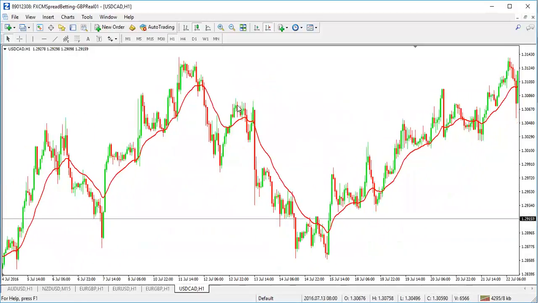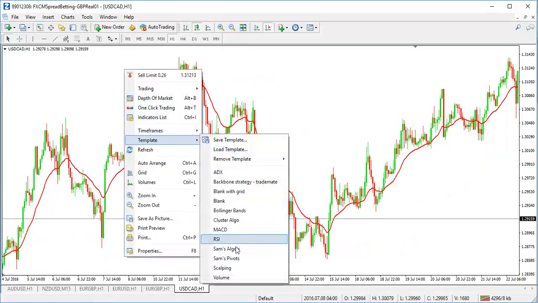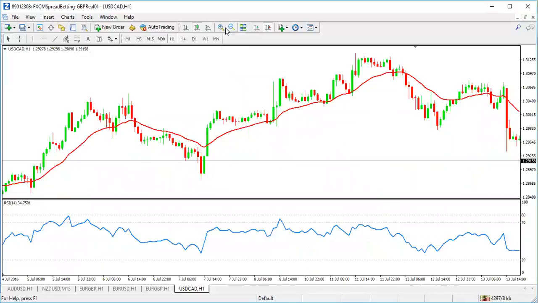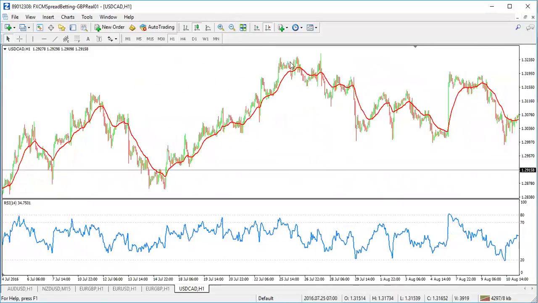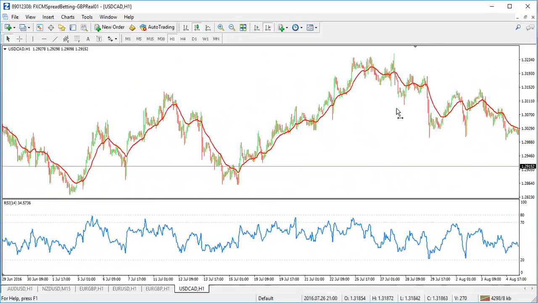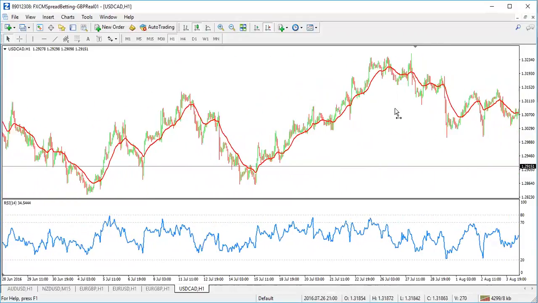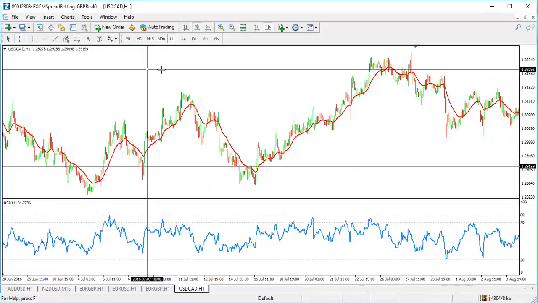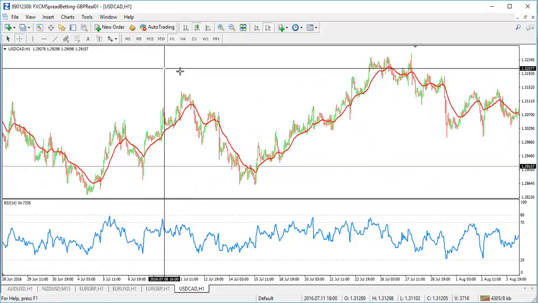Coming along here, seeing it, in fact, we'll get the RSI up. Right. So you've gone into the overbought, sorry, oversold zone.